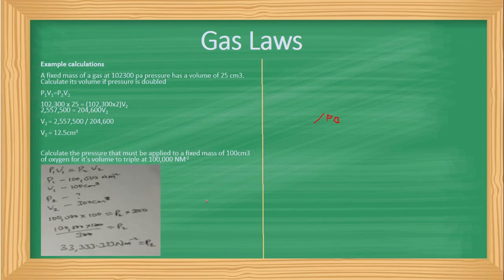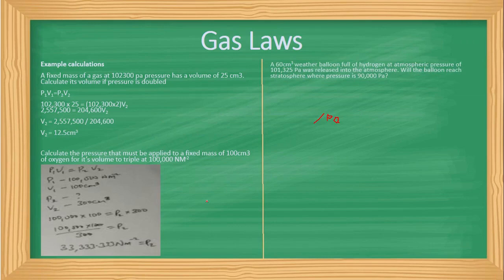Our V1 is 100 centimeter cubic. Our P2 is what we are looking for. Our V2 is 300 centimeter cubic because we are tripling the volume. And when you do your calculations, you will find that our P2 will be 33,333.333 newtons per meter squared.